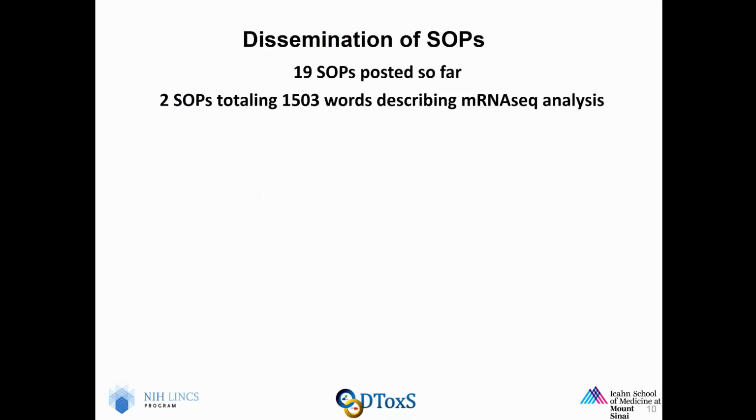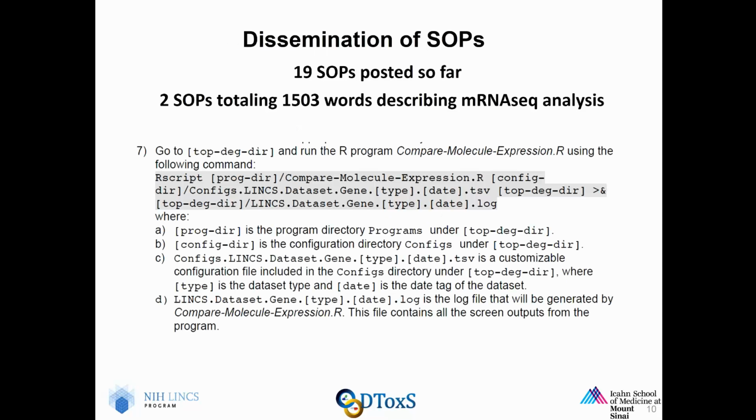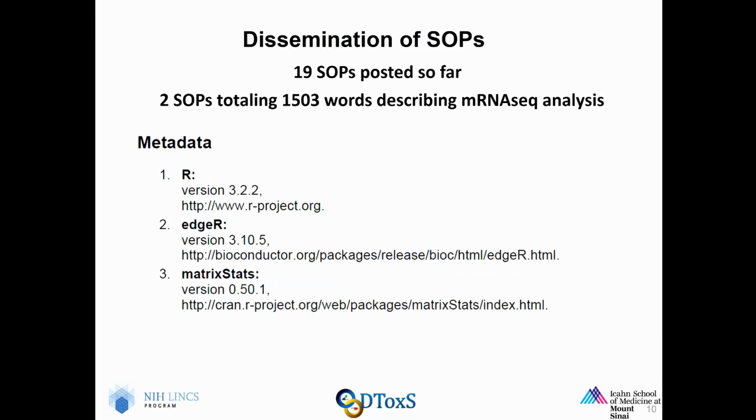So if we take a look at the standard operating procedures, this is the one for how to compare molecular expression. It's very, very detailed, extremely detailed. It describes the program that's used and the parameters. It also gives you the exact versions of both R and the packages that are used.